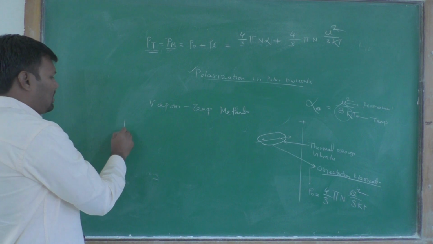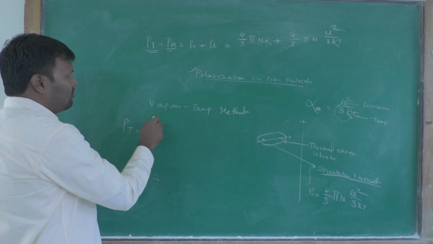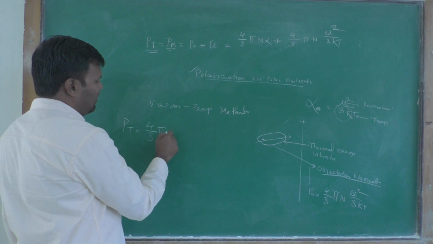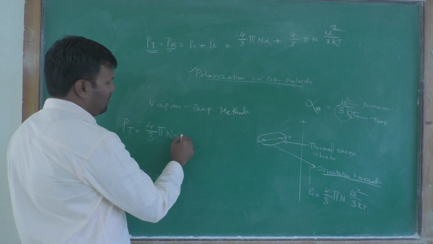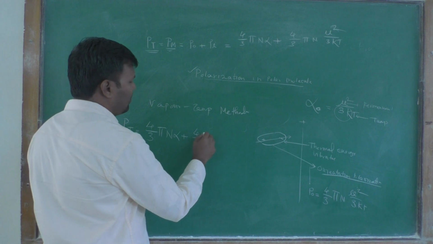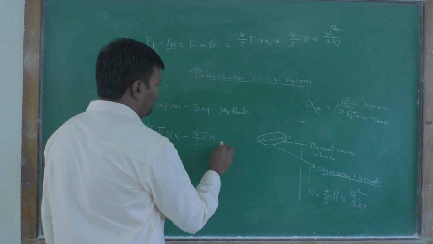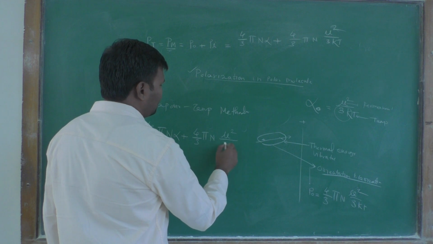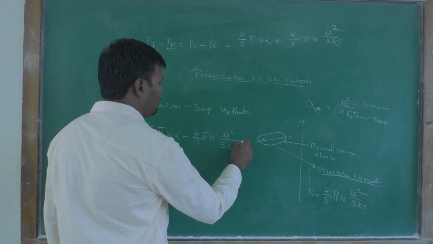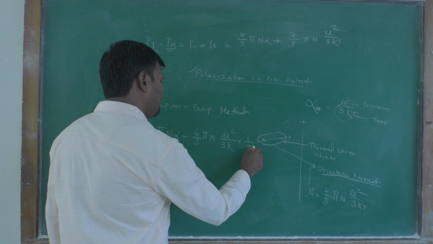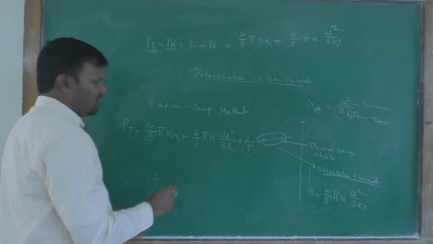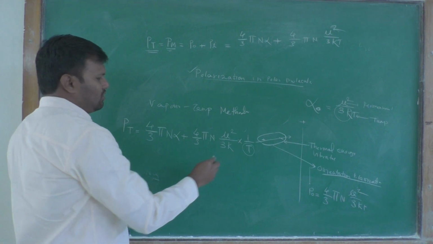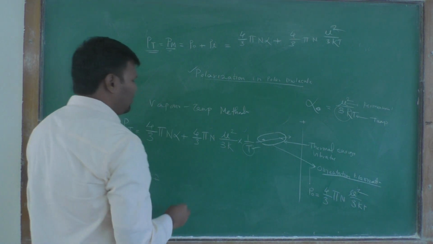Use that equation: the total polarization equals 4/3 πnα plus 4/3 πn μ² upon 3kT. That T we take separately from the equation because T is the only variable.